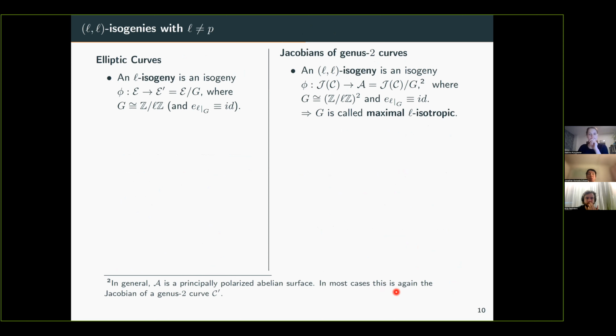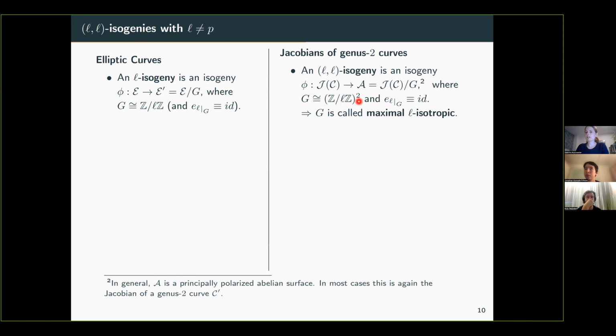Okay, so this was it about torsion groups for now, and now we can also say what we mean by isogenies of Jacobians of hyperelliptic curves. So here on the left-hand side, we have again elliptic curves. There, an L-isogeny was an isogeny that has as its kernel a cyclic group of order L. And now if we look at the genus 2 setting, then isogenies have as their kernel a group of rank 2.